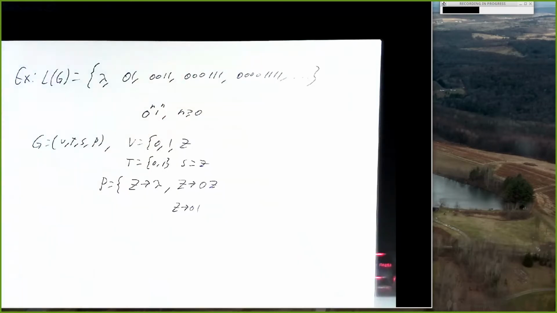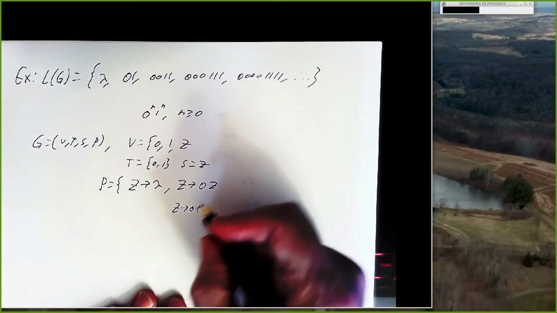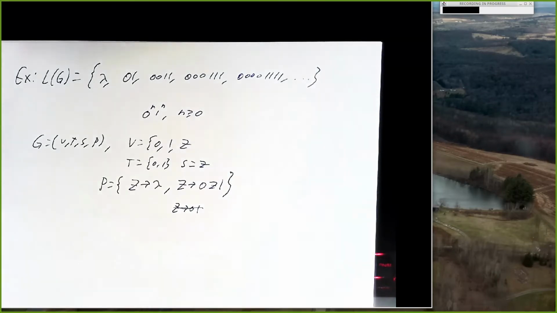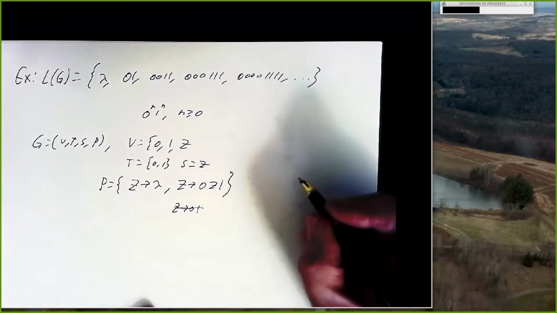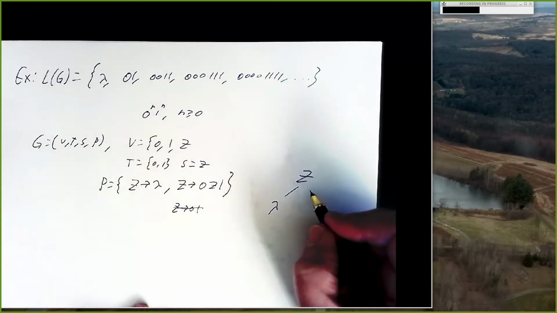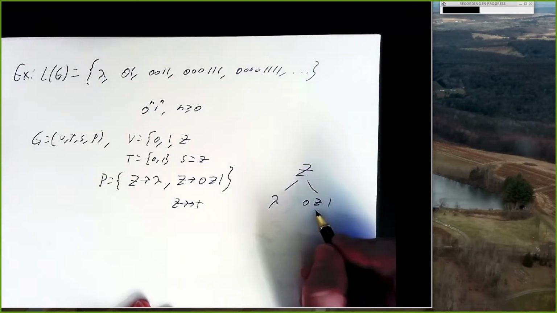And so if my production rules are going to take my start symbol Z into something in this language, take Z into 0Z1, that's going to be all I need. Because now Z could go into just the empty string, or it could go into a 0 followed by Z followed by 1. Well, what is this Z going to be?